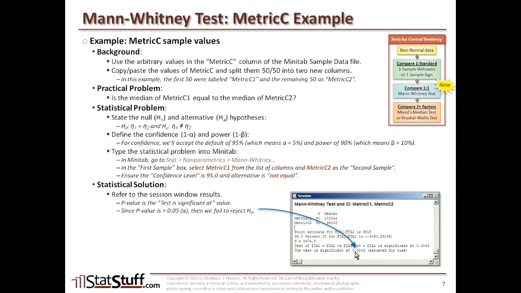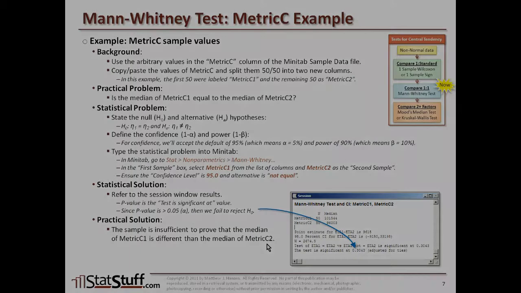In other words, we're saying that we're going to accept the null hypothesis. We're going to believe that the values that we're comparing are about equal to each other. So from a practical standpoint, we're saying the sample that we're using in this data set is insufficient to prove that the median for metric C1, whatever is in that column, is different than the median of metric C2.